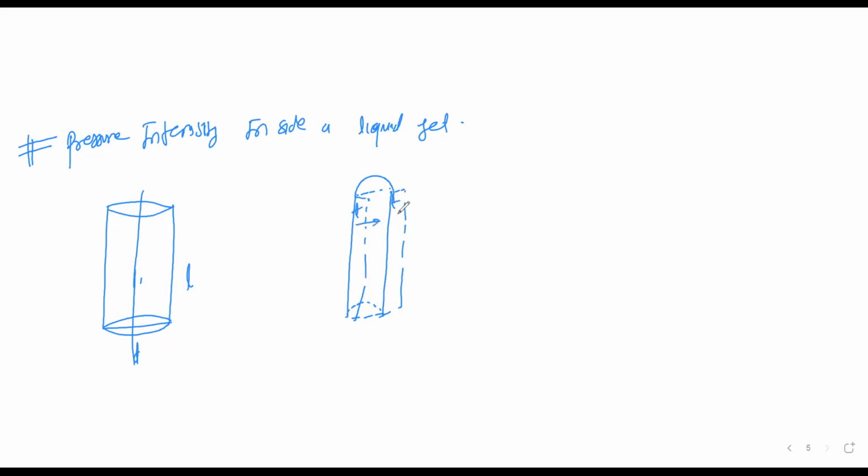The surface tension always acts on the circumference, and the pressure intensity always acts on the cross-sectional area.